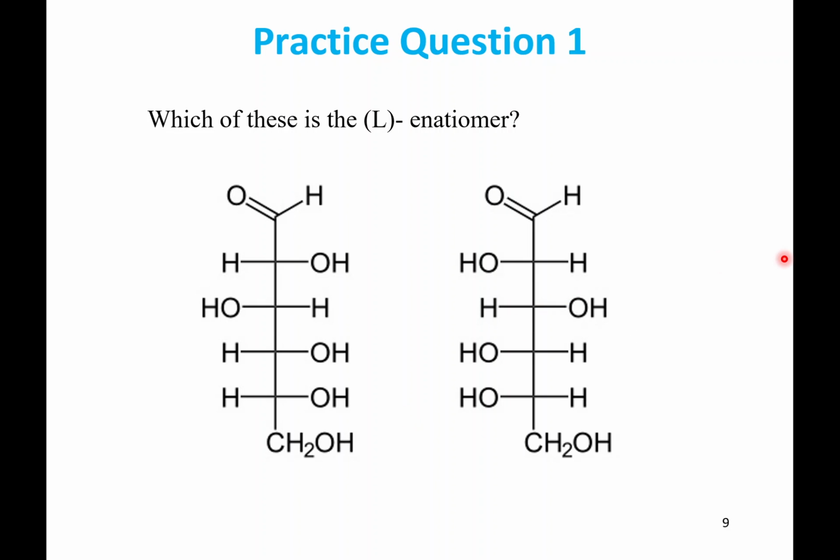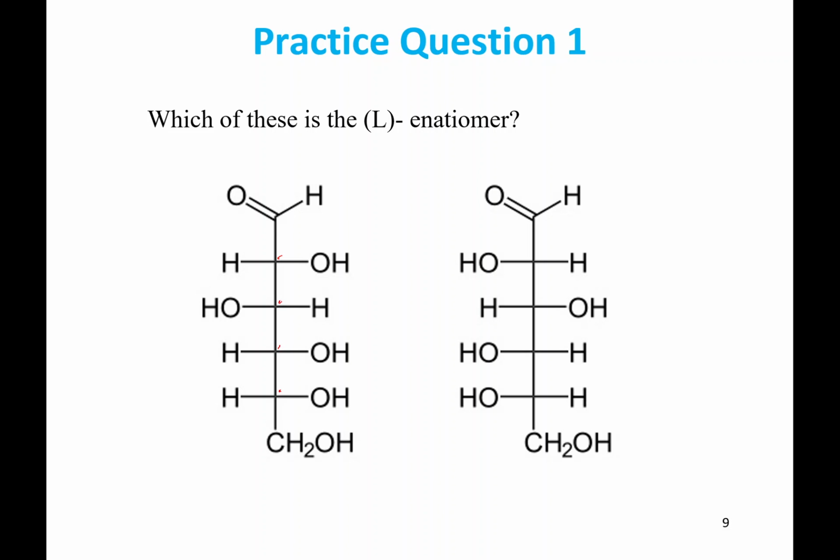Okay, so a practice question. Which of these is the L enantiomer? Remember, think back to how you designate this. There are many carbons that are stereocenters that could have these D and L designations.